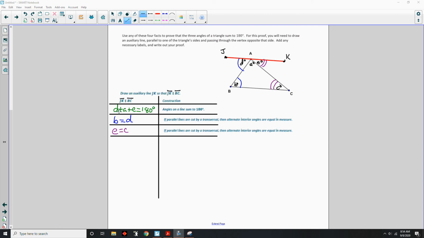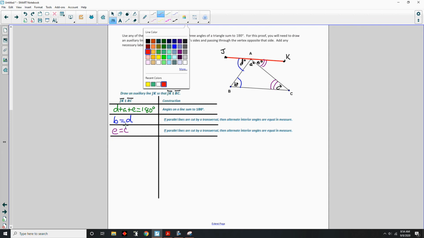But B is equal to D, so I can replace D with B. And E is equal to C, so I can replace E with C. So what I'm going to do is take my first equation here, and since D equals B, instead of writing D, I can write B. Actually, let me do a different color. How about red? I haven't used red. So instead of writing D here, because they're equal, I'm going to replace D with B. Plus, A has to stay there because it doesn't say it's equal to anything.